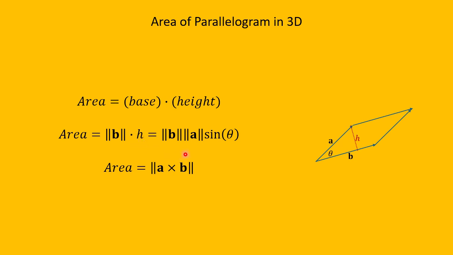Now h is equal to the norm of A times sine theta, by just looking at this right triangle. And so the area is the norm of A times the norm of B times the sine of theta. If you remember a little bit of your vector algebra, this quantity is just the norm of the cross product of A and B. The area equals the norm of A cross B.